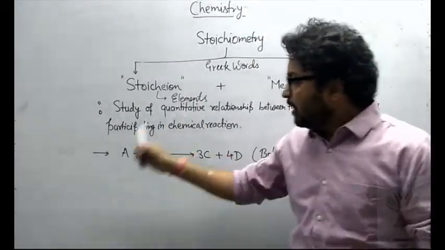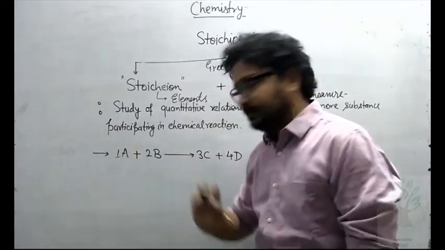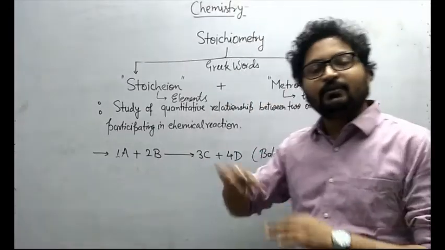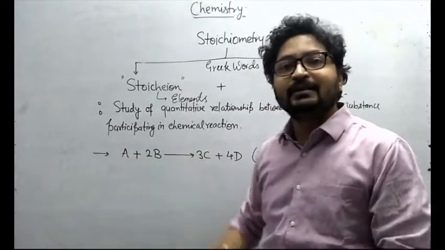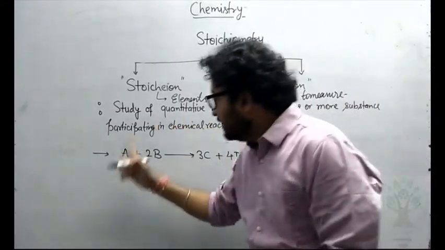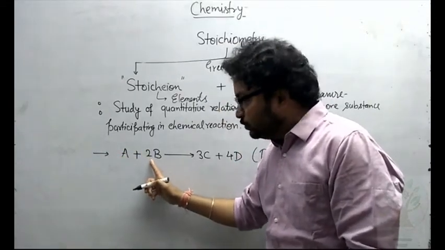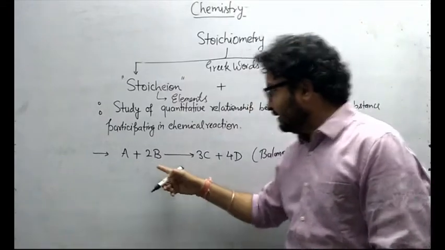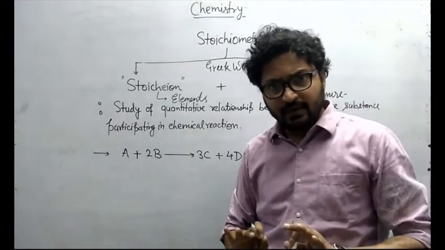Now I hope you can see 1A. This one is not written here, but it is assumed. Even if we don't write one, we will read it as one. So let me read what I want to say. 1A is reacting with 2B, and when both react, they give us 3C and 4D.